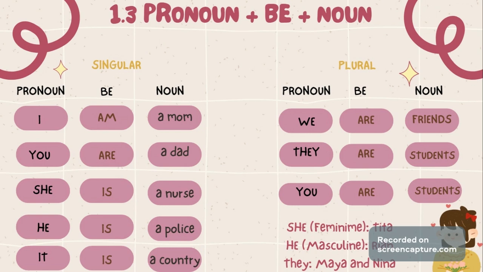So what is the difference between she and he? She is feminine, like Tita. Yeah, it's a girl. And he is masculine, like a boy. Example, Rian.